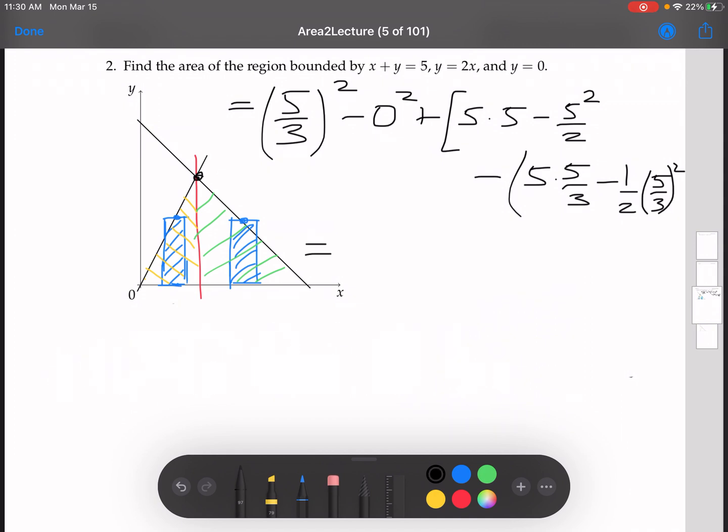Now notice there is a 5/3 squared here and a half of 5/3 squared there. I'm not going to change anything with those just yet.